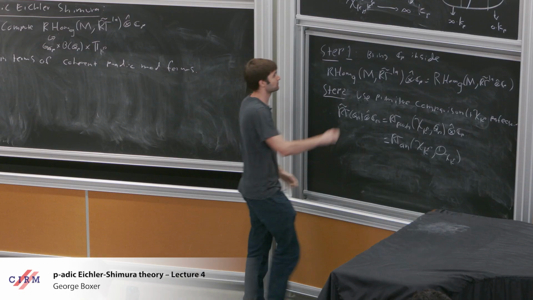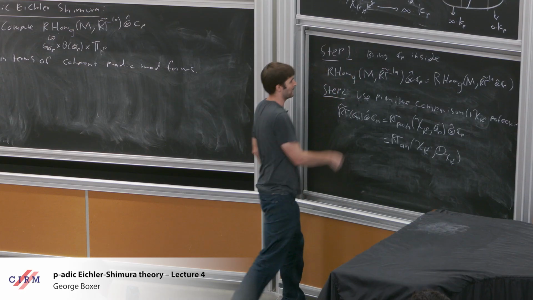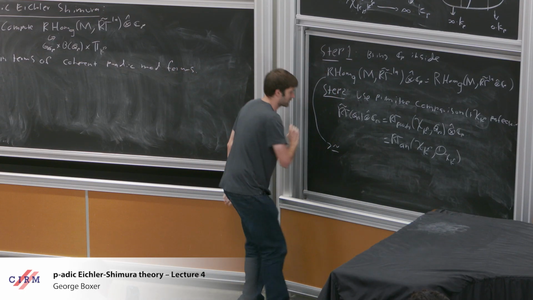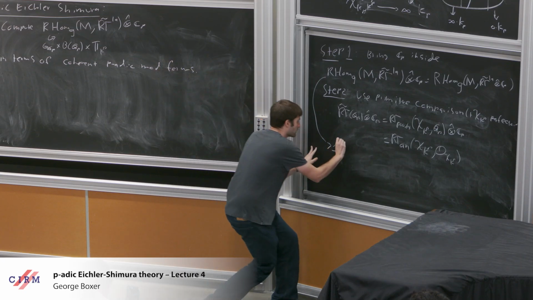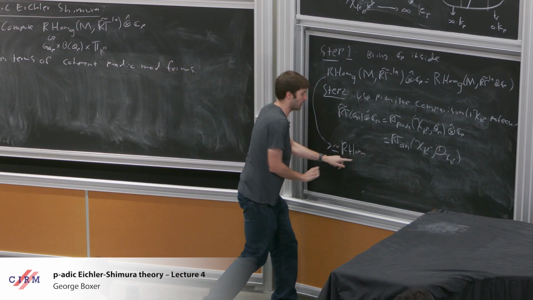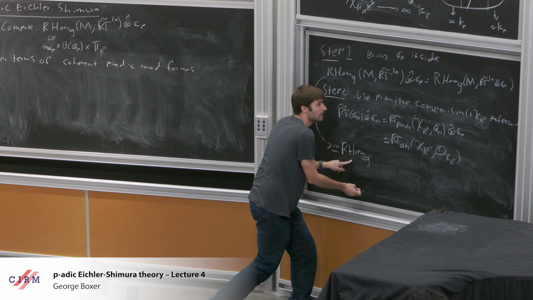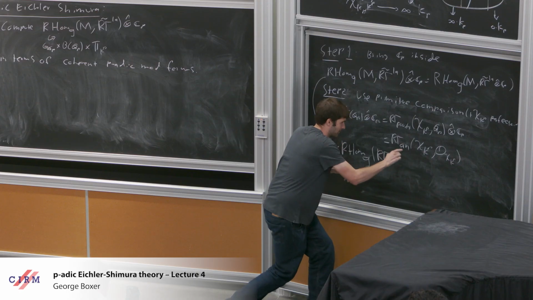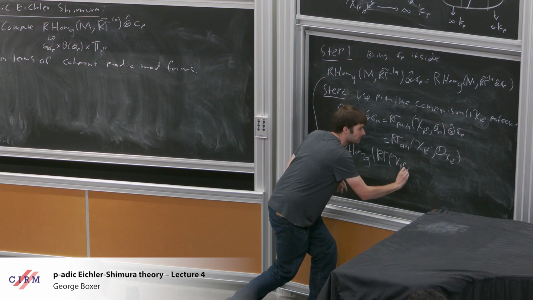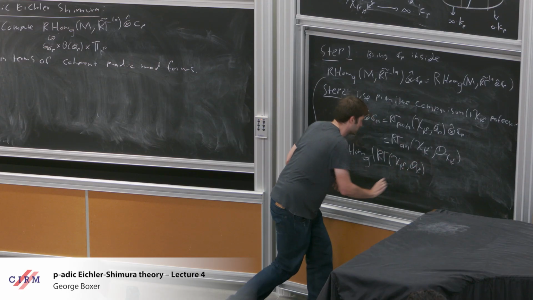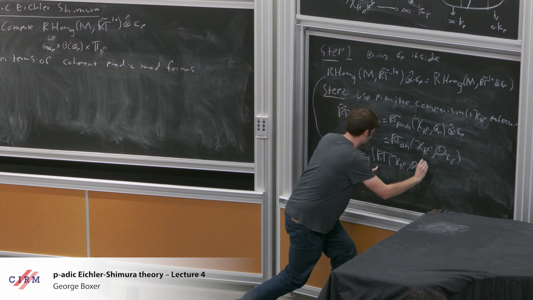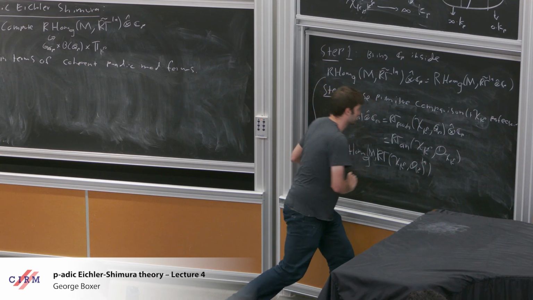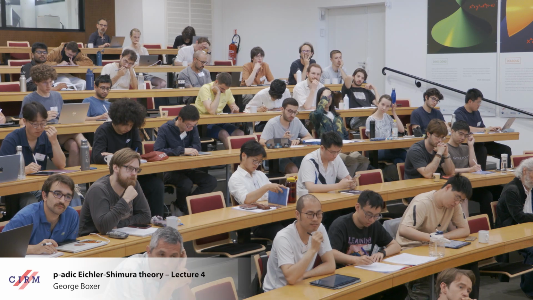Okay? And maybe I just rewrite again that now this is sort of isomorphic to this RHom_g of the locally analytic vectors in this. And I'm not going to write this ever again. Oh, sorry, my m is not there. Apologies. Okay?